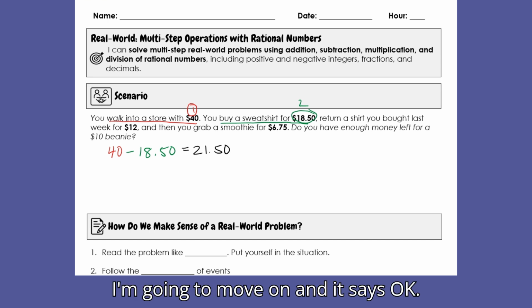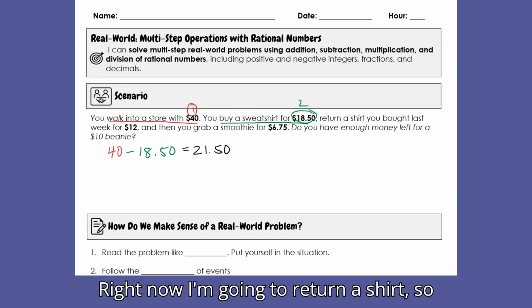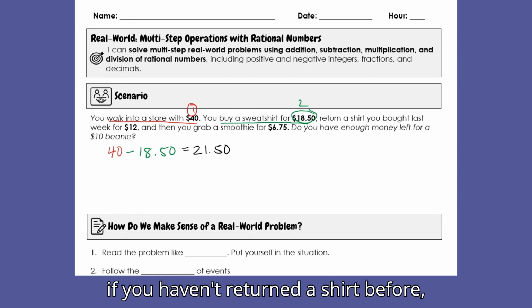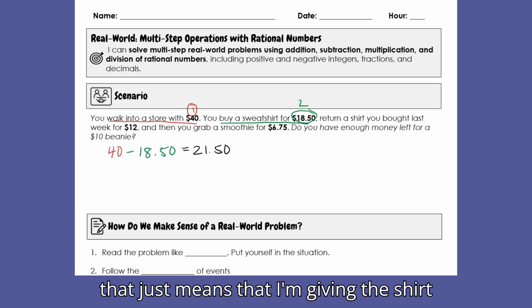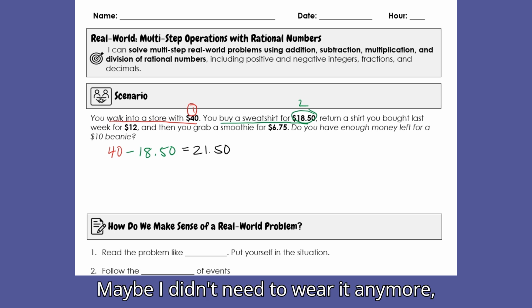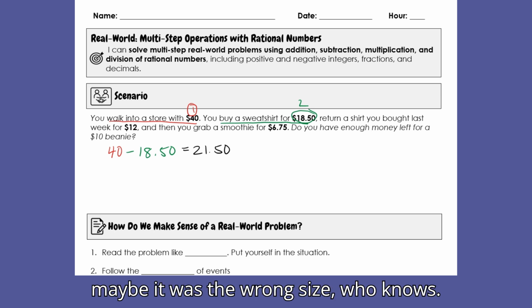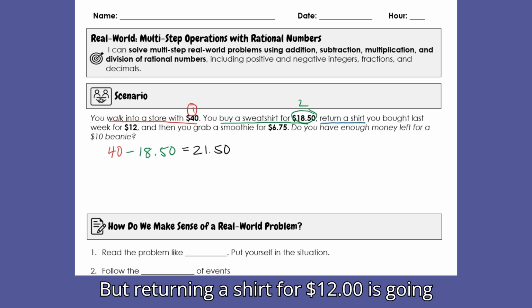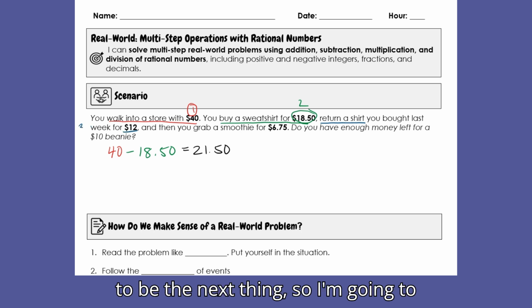So then I'm going to move on and it says I'm going to return a shirt. If you haven't returned a shirt before, that just means that I'm giving the shirt back to the store and I'm going to get my money back. Maybe I didn't need it anymore, maybe it was the wrong size. Who knows? But returning a shirt for $12 is the next thing.